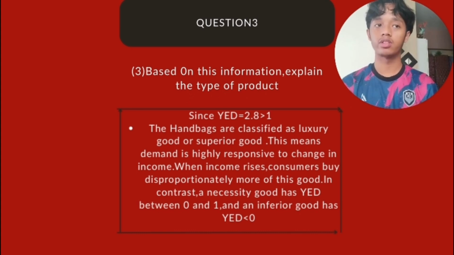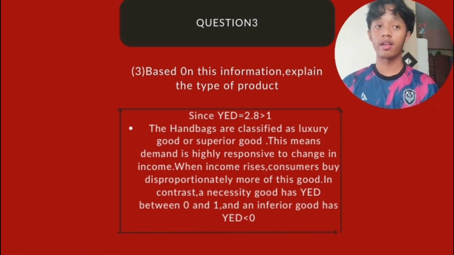The last question: based on this information, explain the types of product. Since the elasticity of demand in question number 2 is 2.8, it's over 1. So the handbags are classified as luxury goods or superior goods. This means demand is highly responsive to change in income.